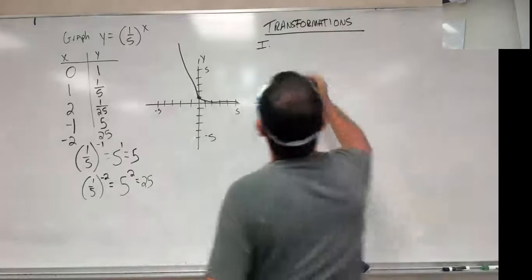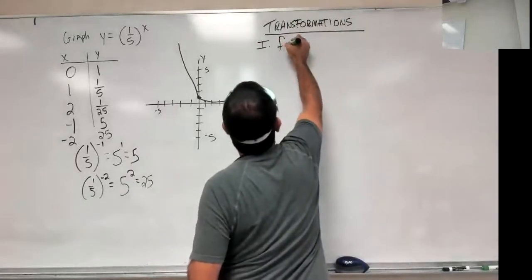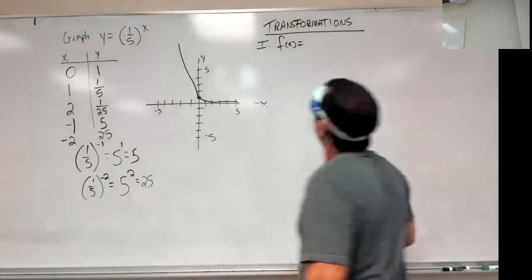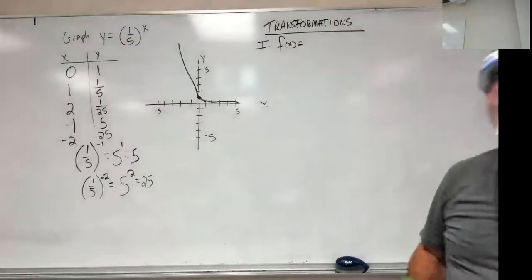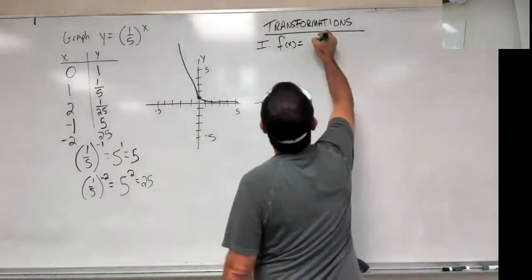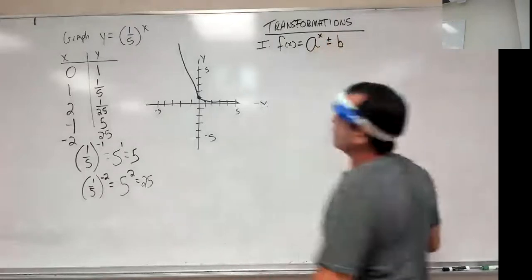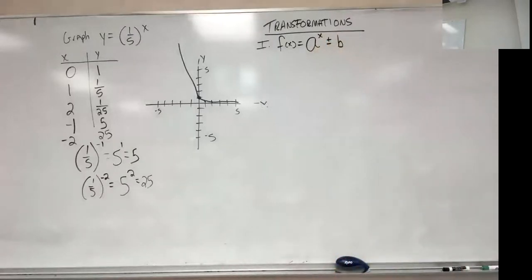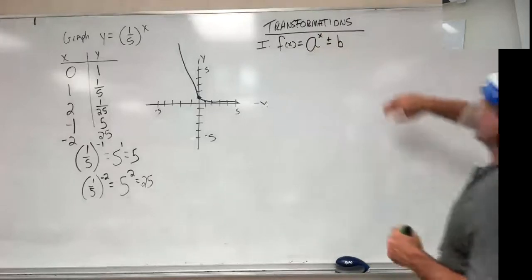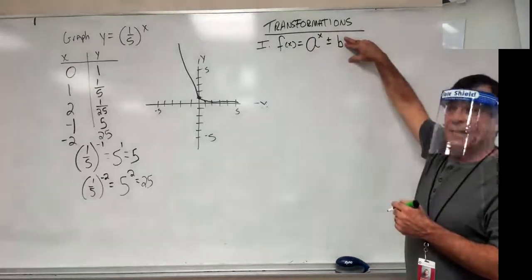All righty, so the graph of f of x equals a to the x plus or minus b. The move I'm looking at is what's happening with these b's at the end.